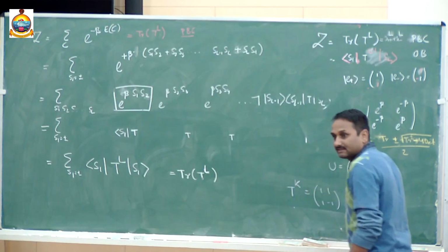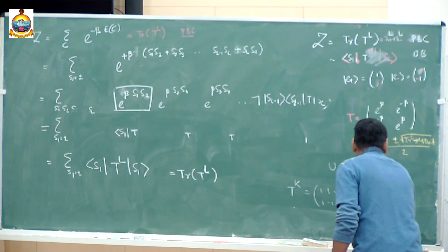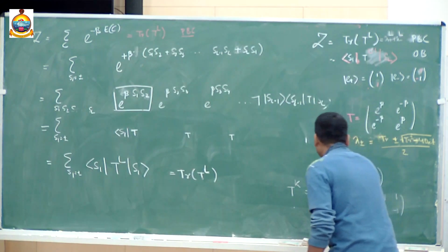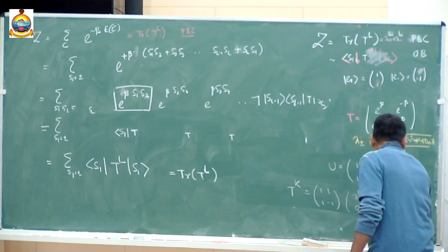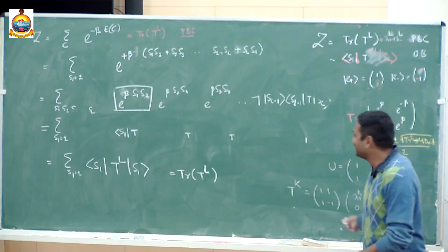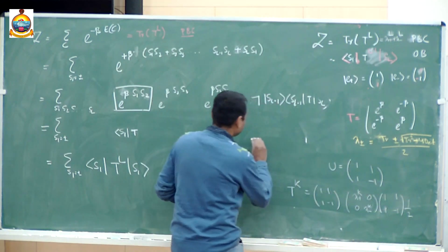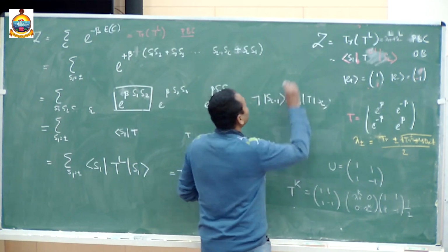This is D to the power k, and then U inverse. U inverse is the same as U, 1 1, 1 minus 1. Just check it. If you don't normalize, there is a factor of half here. If you multiply all that, you do it yourself. I just write what the value of T to the power k is, so that will be useful.